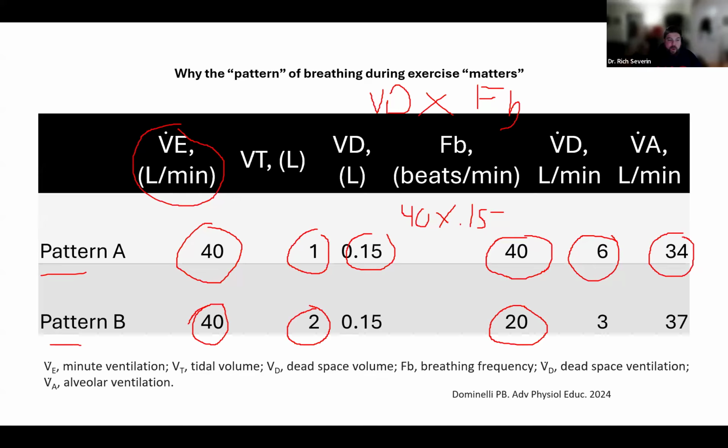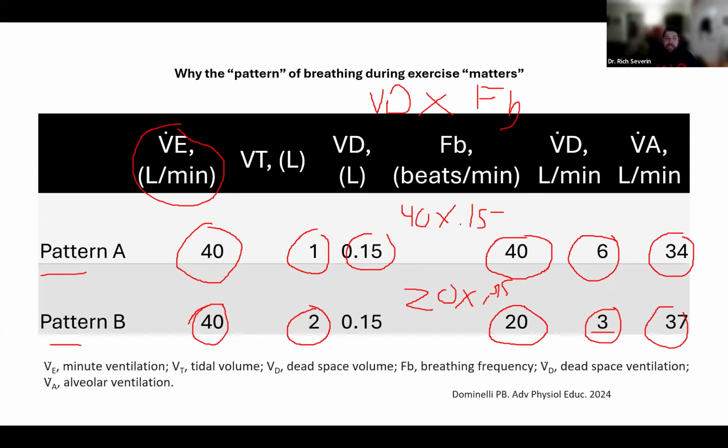So for their dead space ventilation, they multiply 20 times that anatomical dead space, which gives us 3 liters, meaning that only 3 are lost to dead space, so 37 get down to the alveoli.